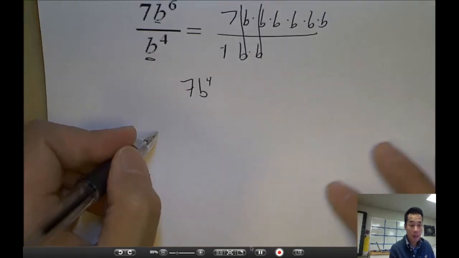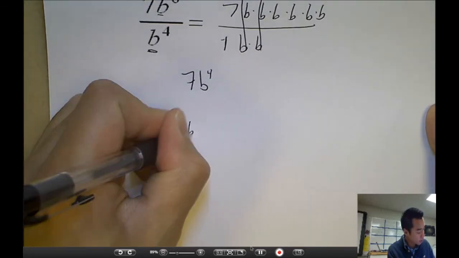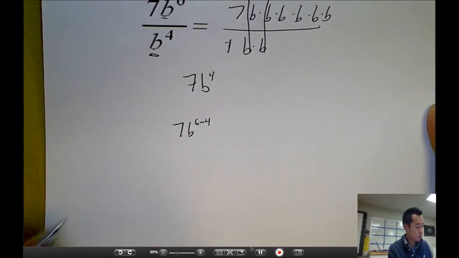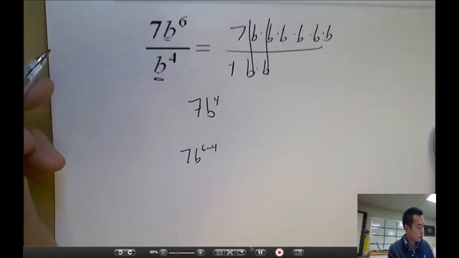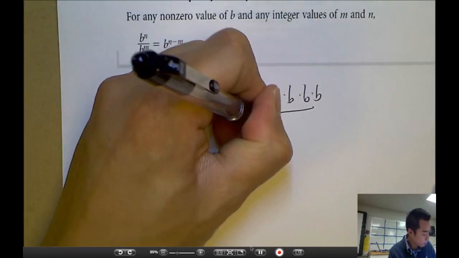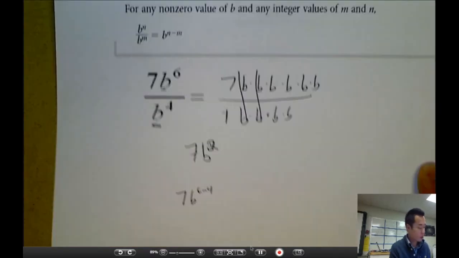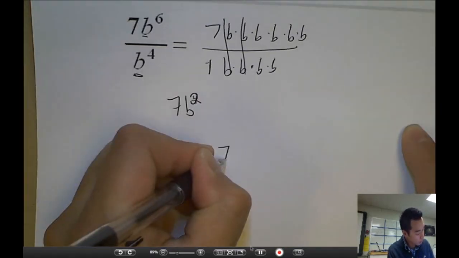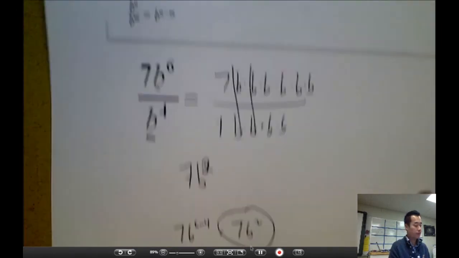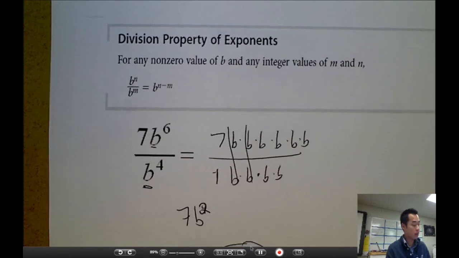But really what's happening here, when we cancel all those out, because they're the same base, I get 7b to the 6 minus 4. Oops, sorry, I didn't finish my b's there. So it will be 2. So 6 minus 4 equals 7b to the 2nd. Okay. That's what you're dividing. If they are the same base, you would subtract.